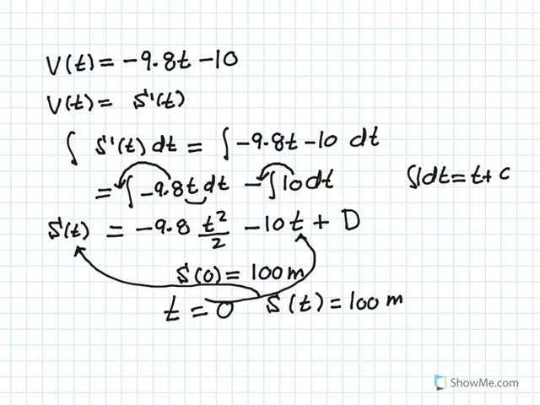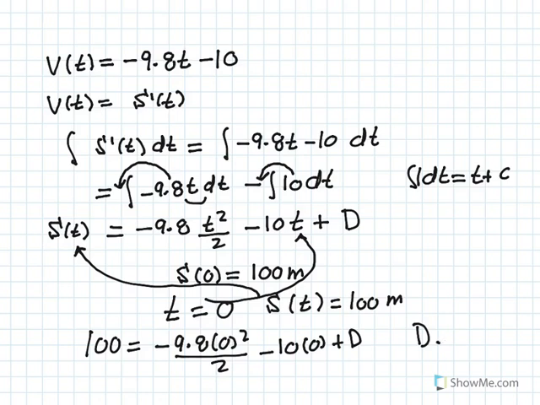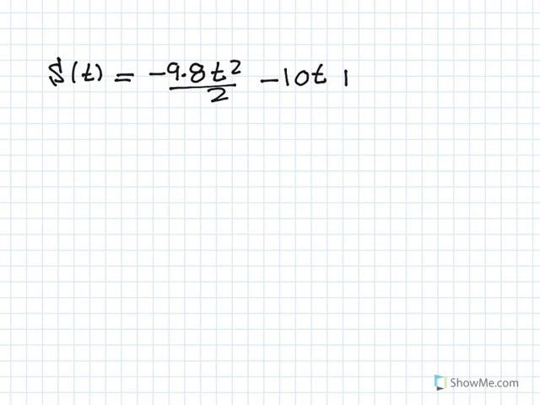So that's 100 is equal to minus 9.8 times 0 squared divided by 2 minus 10 times 0 plus d. If we solve this, we get d is equal to 100. So let's rewrite the height function s of t to be equal to negative 9.8 t squared over 2 minus 10t plus 100.